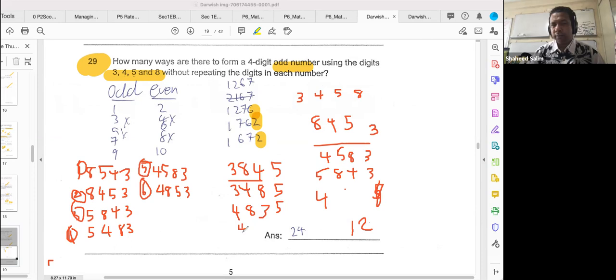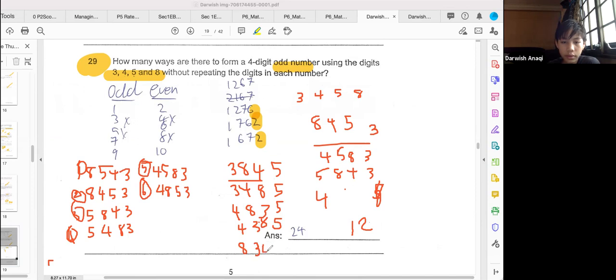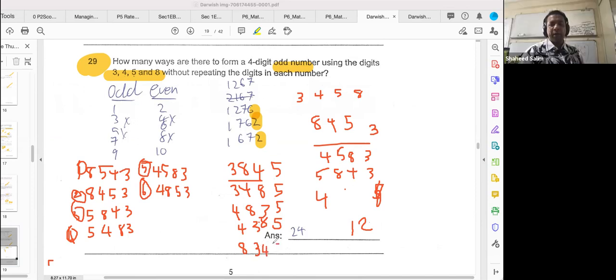Next one, 4, 3, 8. Notice the maximum is only 2, you know. And the last one now here, starting with 8. 8, 4, 3, and 8, 3, 4. So can you see there's no more? There's only 6. So 6 plus 6 is 12. Are we okay?